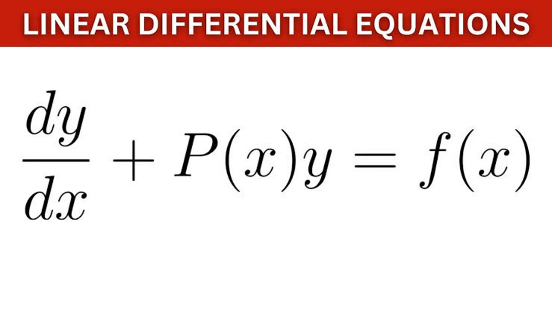1695, the standard form of a nonlinear DE is dy/dx plus p(x)y equals q(x)y raised to power n. I take it again: dy/dx plus p(x)y equals q(x)y raised to power n.